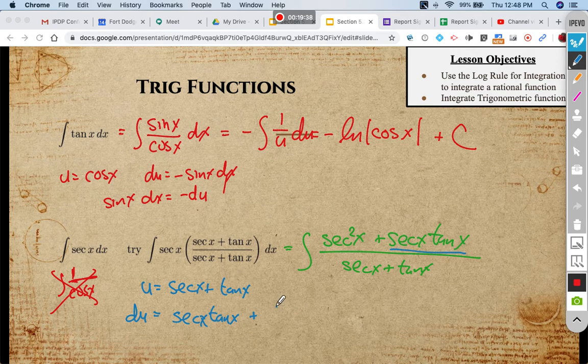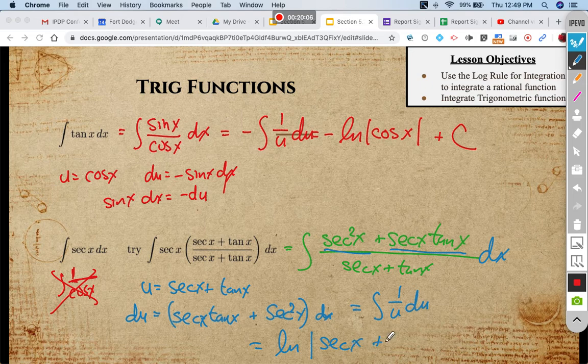The derivative of tangent is secant squared. We have it right here. So if we can make that our denominator, this is now the derivative of our denominator. I forgot my dx here. And that turns into the integral of 1 over u du. So that's just the natural log of the absolute value of u, which is secant x plus tangent x, plus your constant.